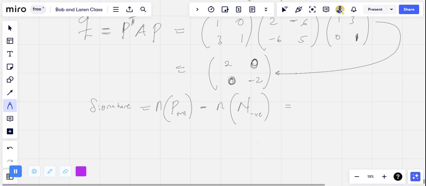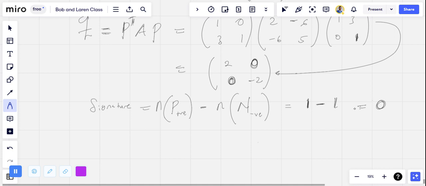Aside from these zeros, I only have one positive, minus how many negative? One negative value. So the signature here is 0. Okay, that's just how it works for that.